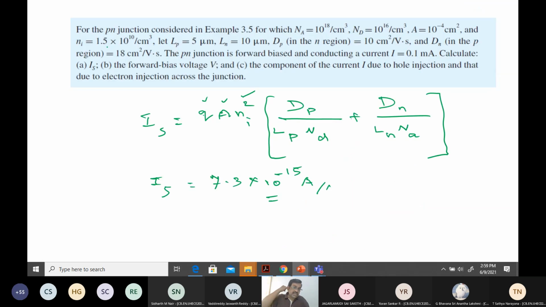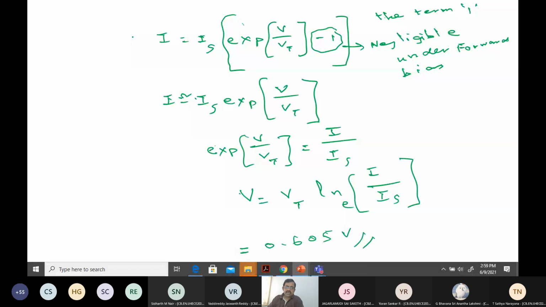Now the third question is the components of the current I due to hole injection and electron injection current. We'll quickly do it in 5 minutes and we are done. So IN is my electron current, and IP is the hole current.